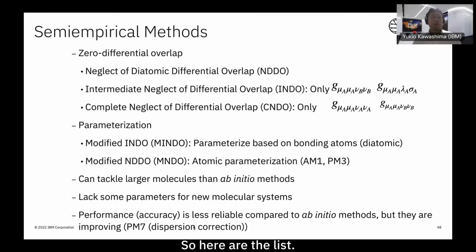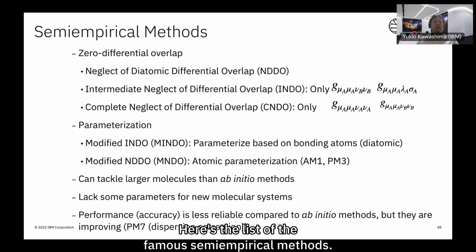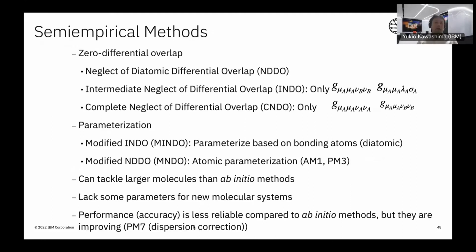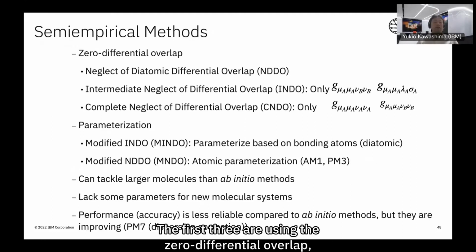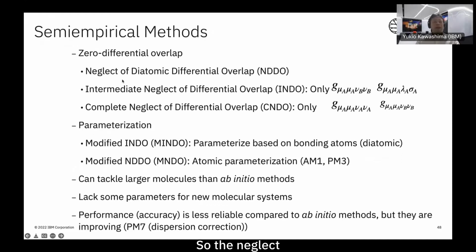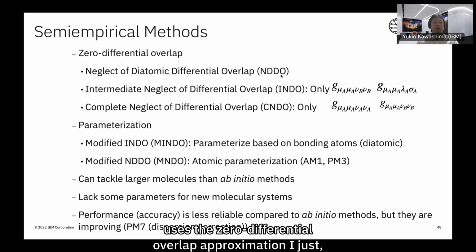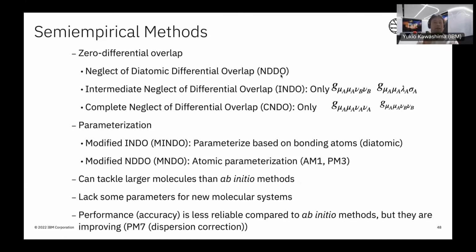Here's the list of the famous semi-empirical methods. The first three are using the zero differential overlap, which I just explained. The neglect of diatomic differential overlap, the NDDO method, uses the zero differential overlap approximation that I just showed you.